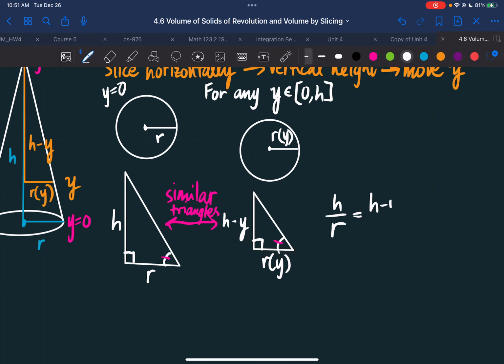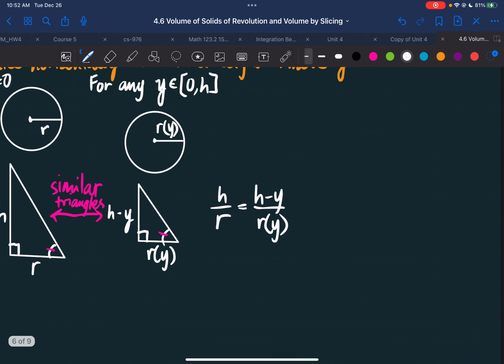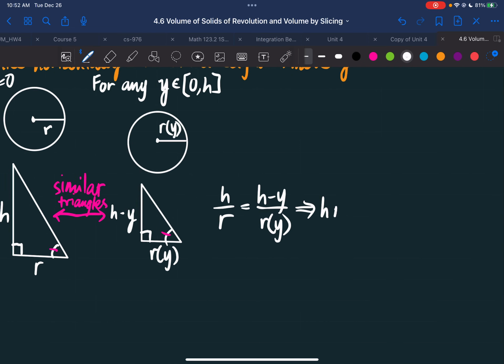So that's h minus y all over r of y. And by solving for r of y, we get the form of the radius that we want. So cross multiplying, we get h times r of y equals r times h minus y. And finally, dividing both sides by h, we obtain r of y equals r times h minus y all over h.